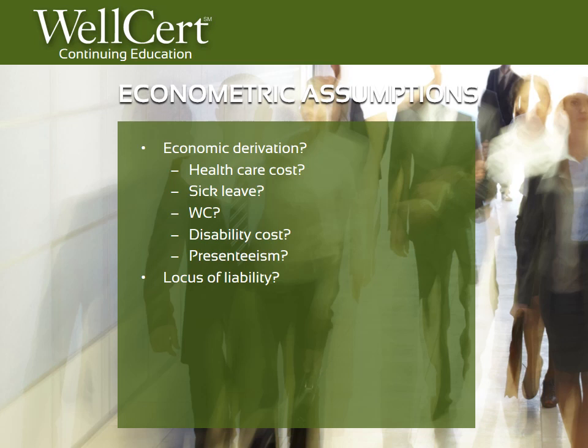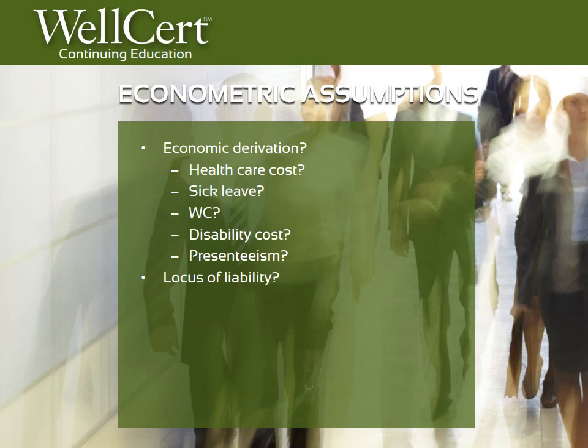Disability costs are usually insured, so I may in fact reduce disability expense for my population, but do I encounter a lower cost or premium on my plan because I do that? Or am I experience rated to some extent for those costs? And then presenteeism, I essentially have already paid people the salaries, the compensation packages.